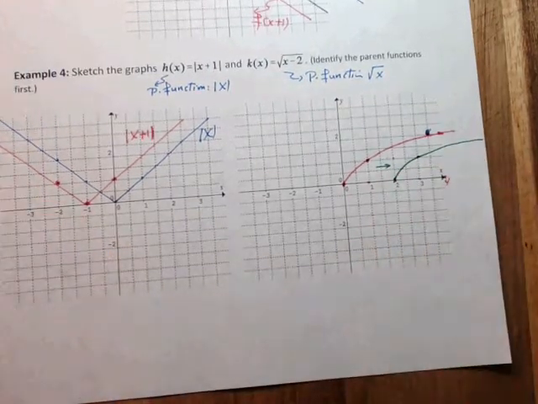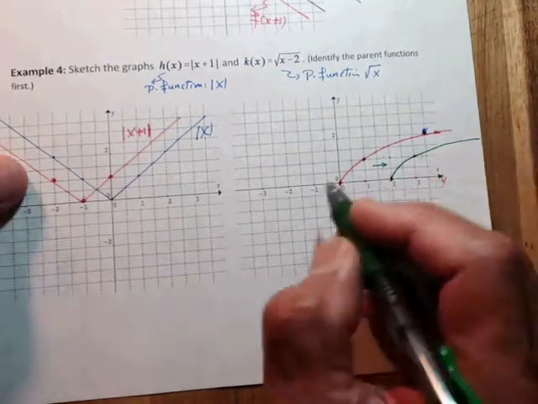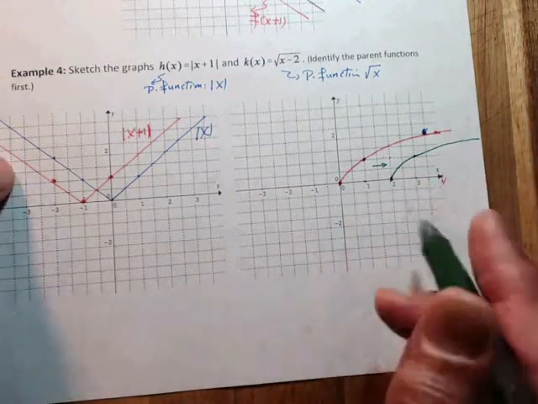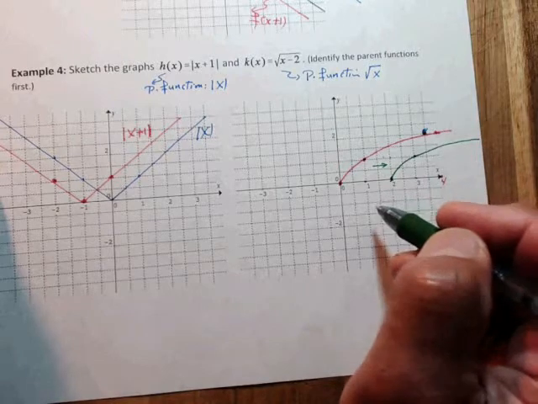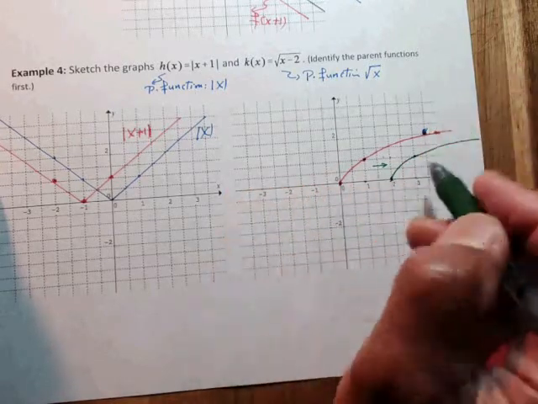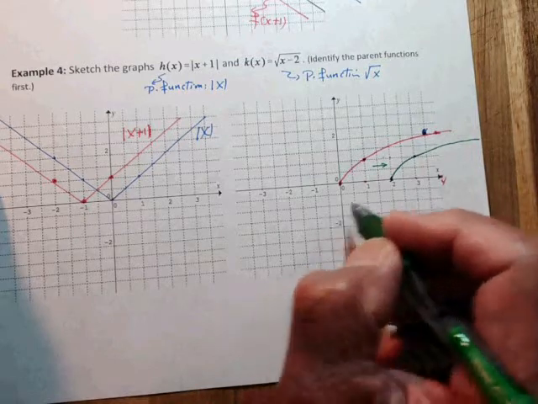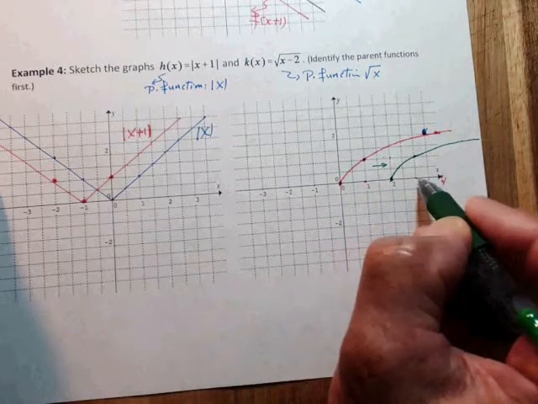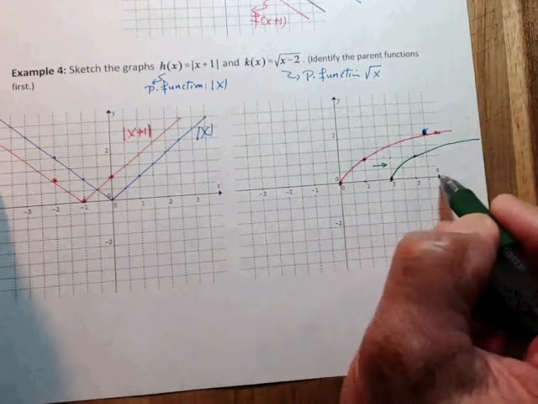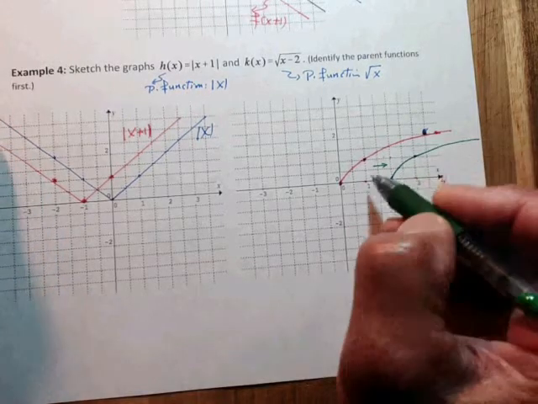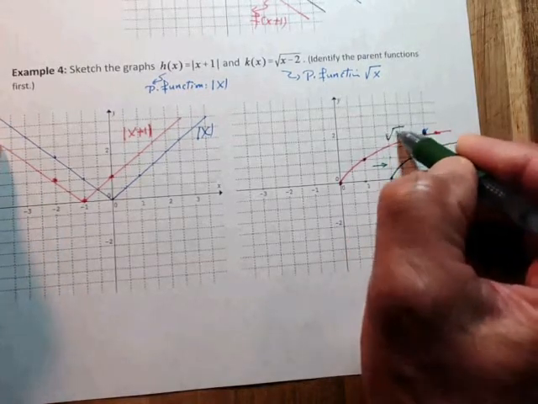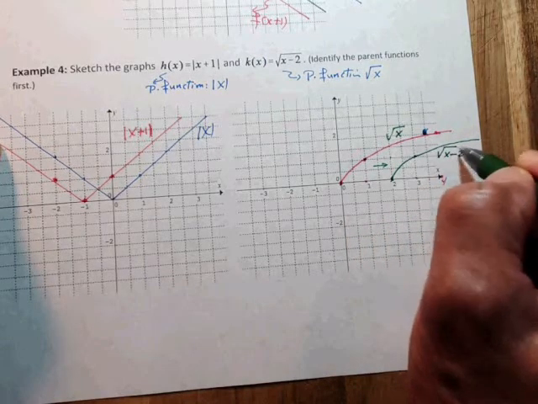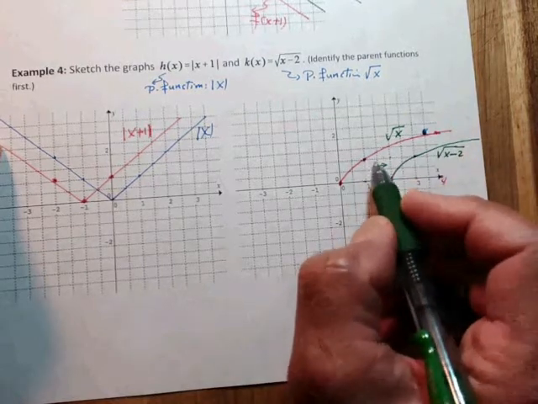I didn't do a good job on this one. The units given here did not do it right. I wish we had more numbers here, maybe I could have used 0, 1, 2, 3, 4, 5, 6, 7, 8 instead of 1, 2, 3, 4. But the bottom line is this: this is your square root of x right there, and this is the square root of x minus 2, which has moved to the right 2 units.